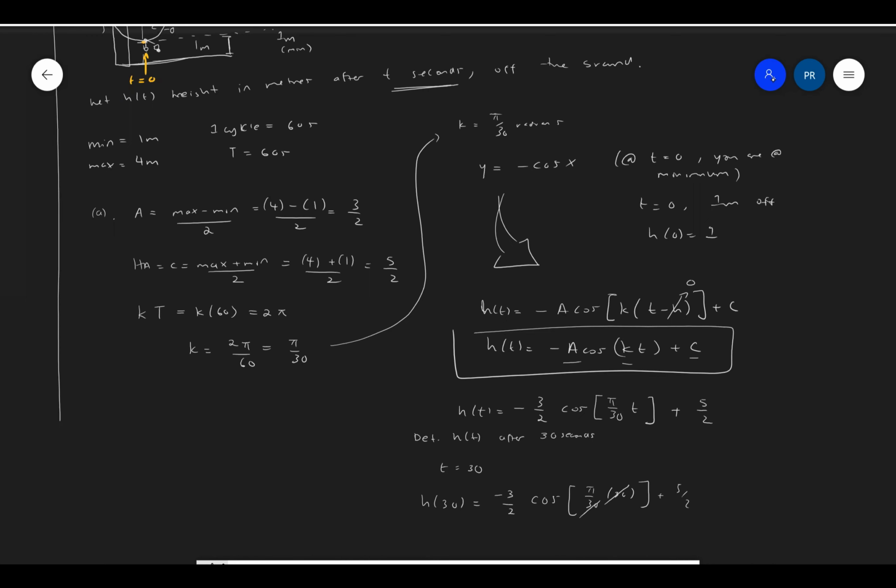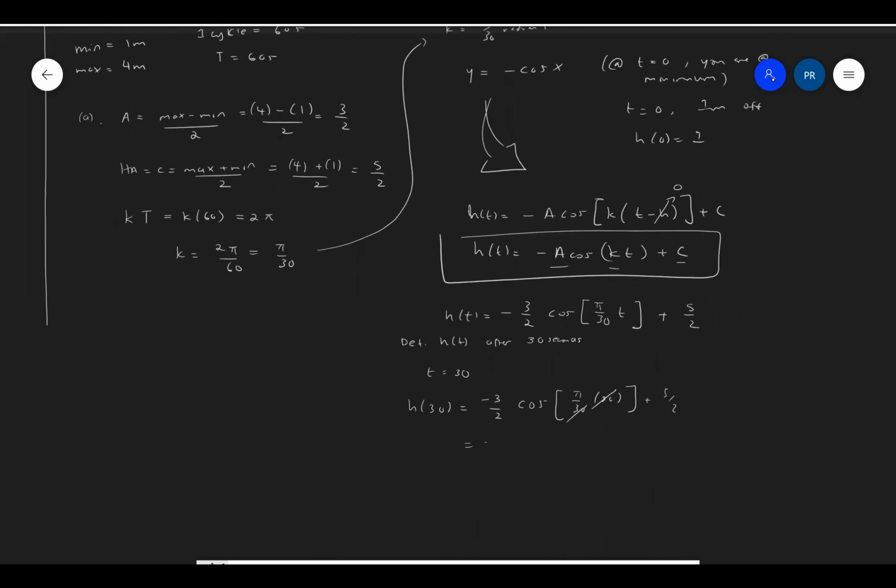And you can see that the 30s cancel out, and you're left with negative 3 over 2 cosine pi plus 5 over 2. And cosine pi here we know is negative 1. So this is positive 3 over 2, because negative 1 times negative 3 over 2 is positive 3 over 2, plus 5 over 2.